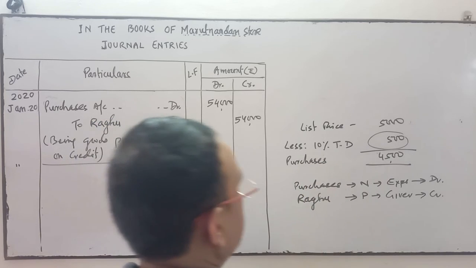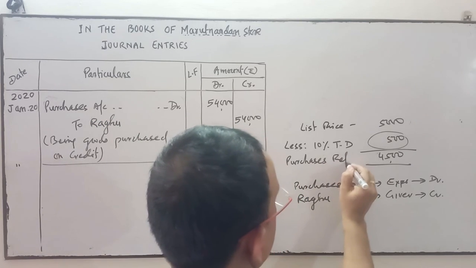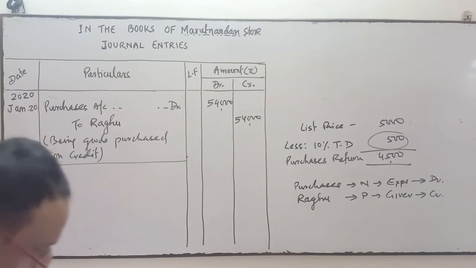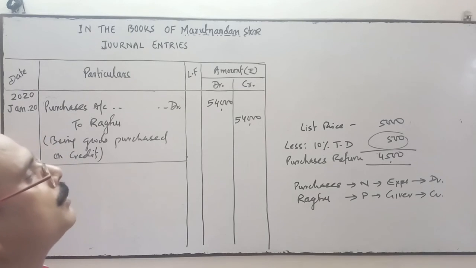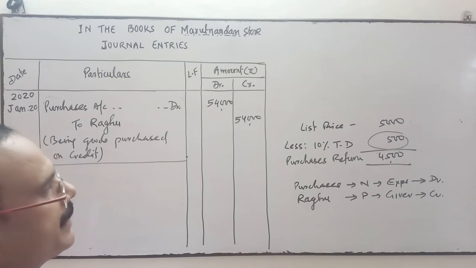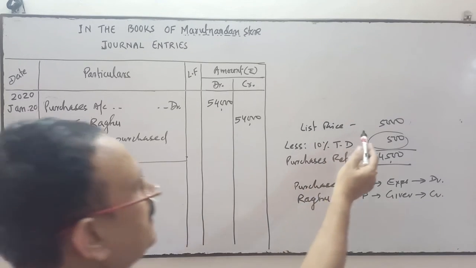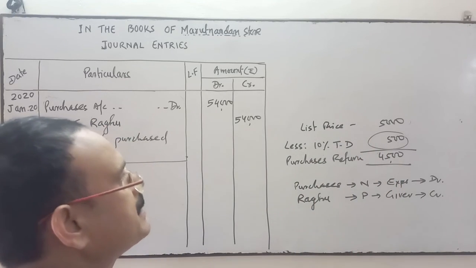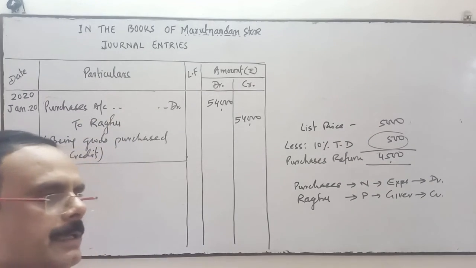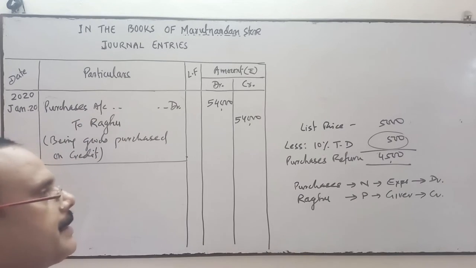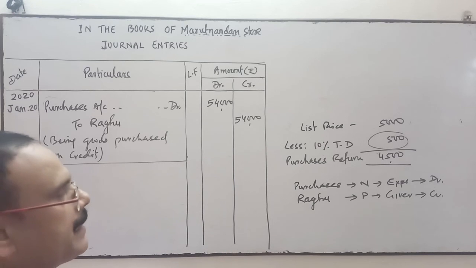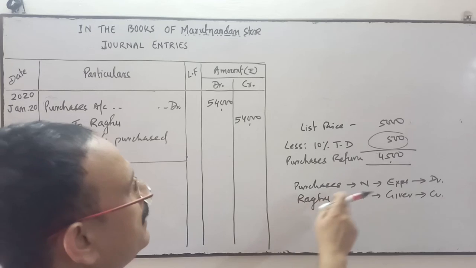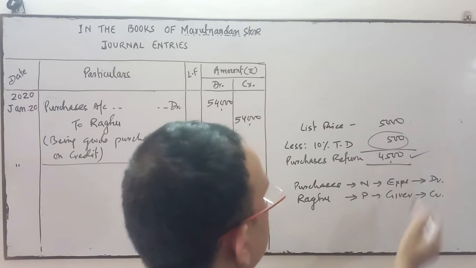The goods which were returned by us, whose list price was 5,000, we will deduct the trade discount 10%, because at the time of purchase we have deducted the trade discount from the listed price. So here we have to deduct the trade discount from the listed price of the returned goods. So finally purchase return will do this entry.